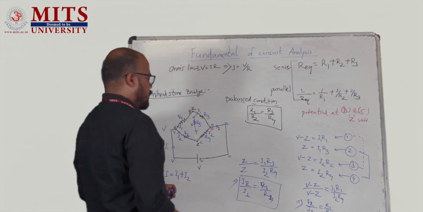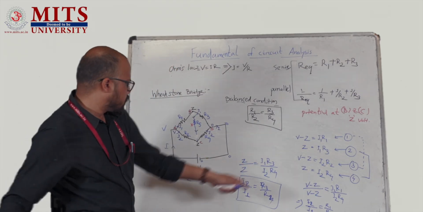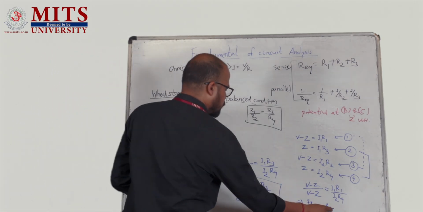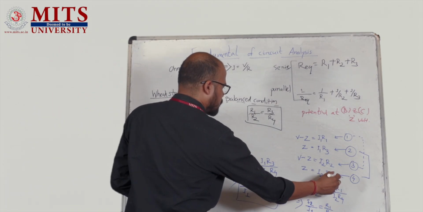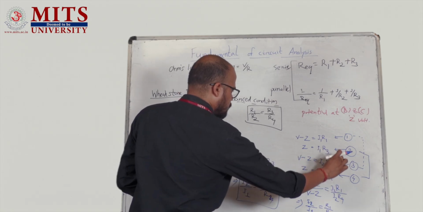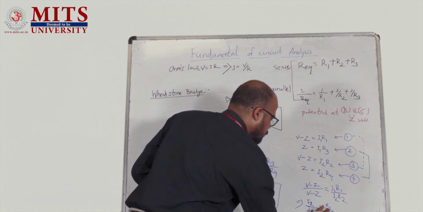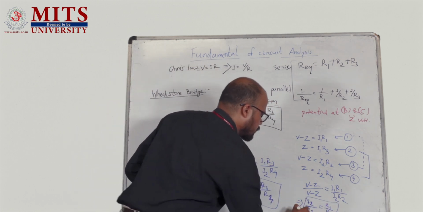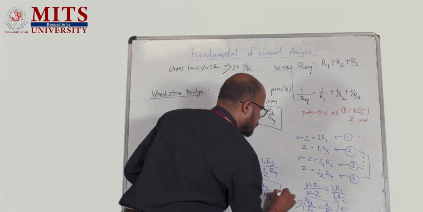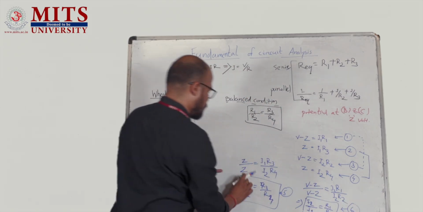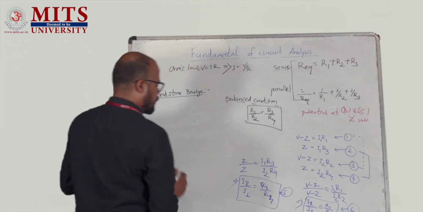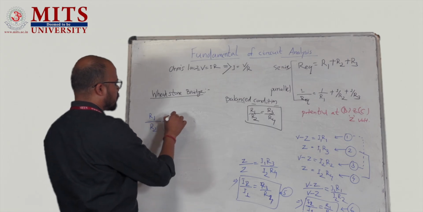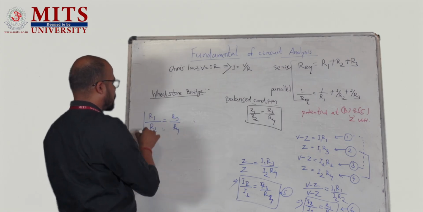So what we observe is that if you equate this and this, suppose this is equation 5 and 6, because on the left hand side I2 by I1 is there, we can get that R1 divided by R2 is equal to R3 by R4.